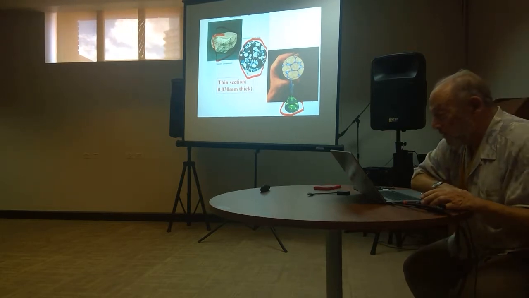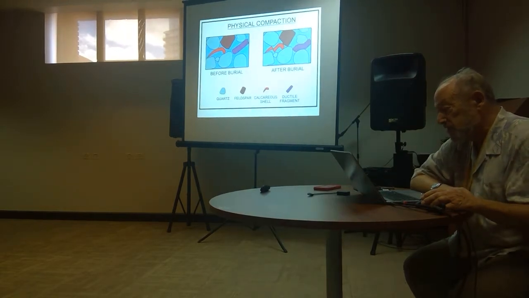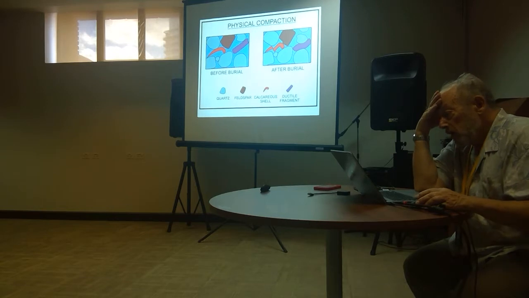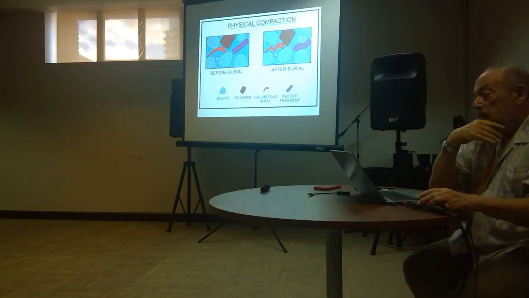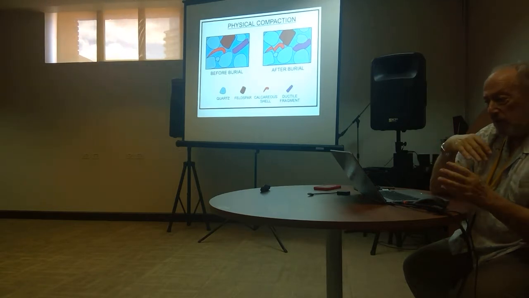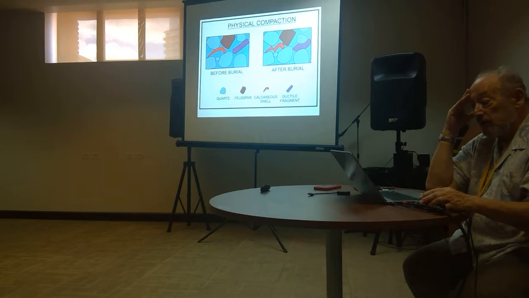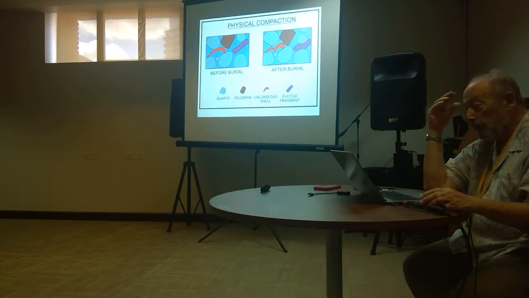So let's take a little closer look at the physical compaction process. This might be a series of grains when the sediment is first deposited. You may have some of the mineral quartz grains, feldspar grains shown in brown, shell fragments shown in red, and what we call ductile clay-rich grains that are shown here in purple.